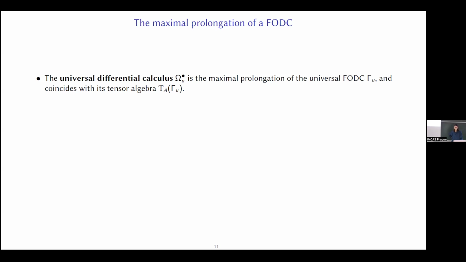This is why it is called universal. Maybe you can answer better. Yeah, it's the same as for the first order differential calculus. For the general maximal prolongation, it's the same, because they're isomorphic.